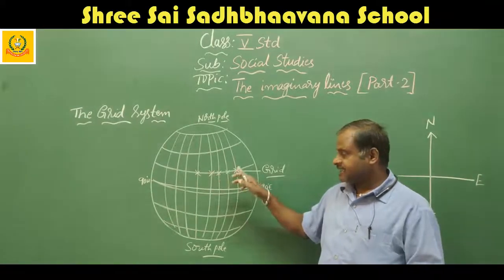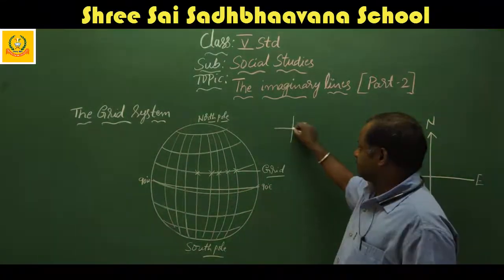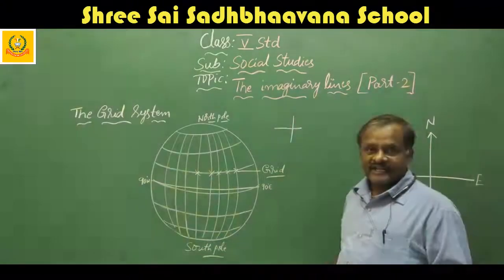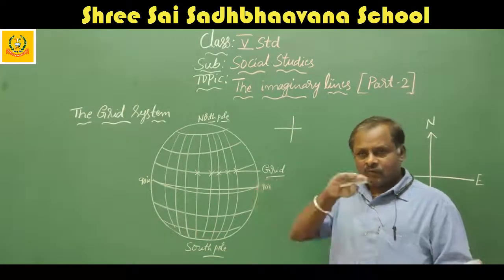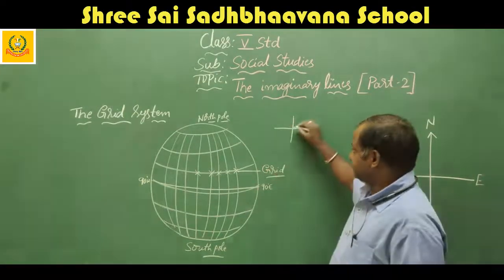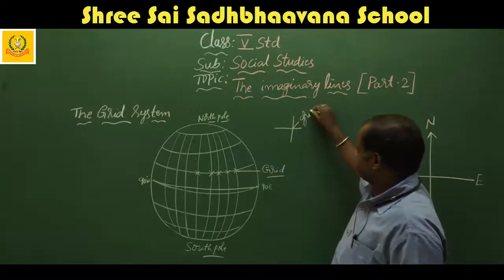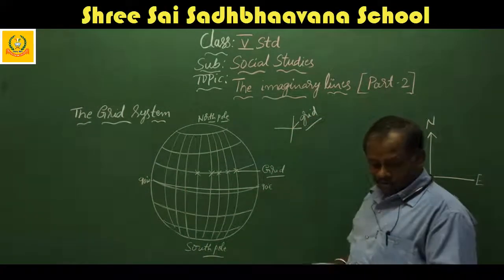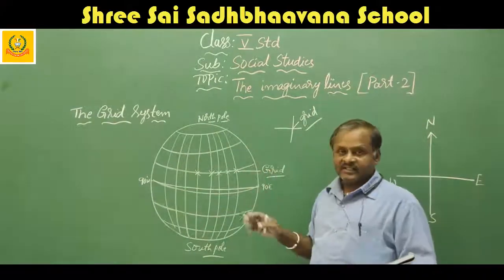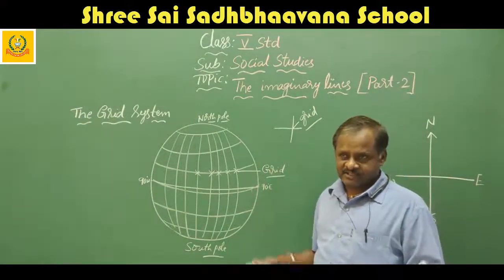That means when the lines meet at a point or intersect, that means one cuts another, this is called the grid. So here so many grids are there, therefore we call it the grid system.